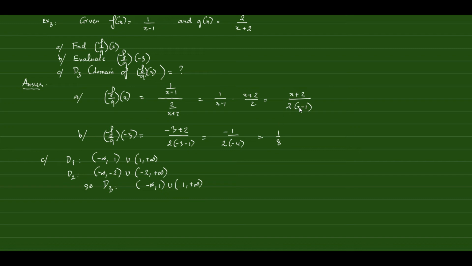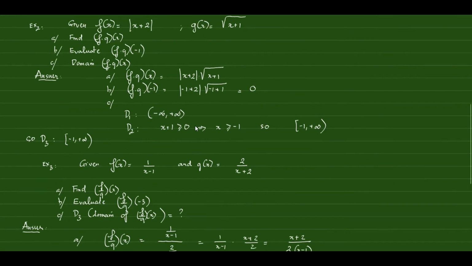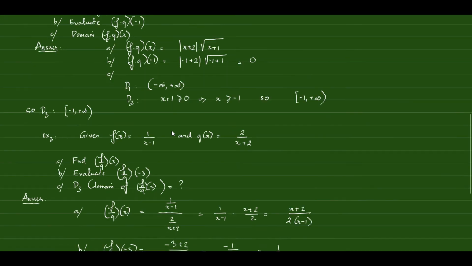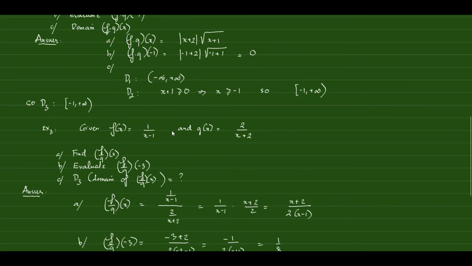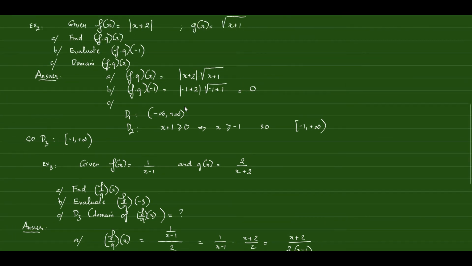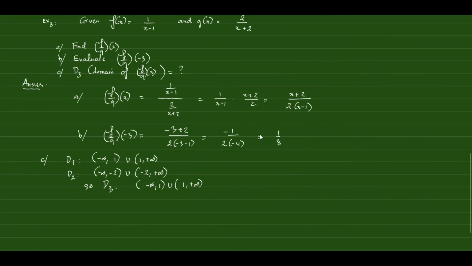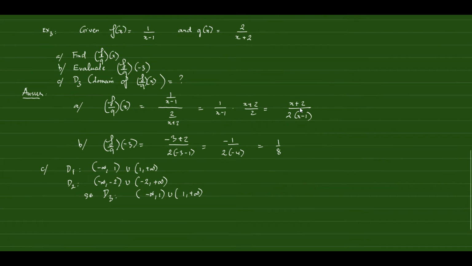But at 1 it's not working. So in order to find the domain of the quotient, you have to look at this. Like in the last example, it's different this time, so you have to consider really carefully. In example 2 you find the intersection, but here you don't have it. You just need to look at this one.